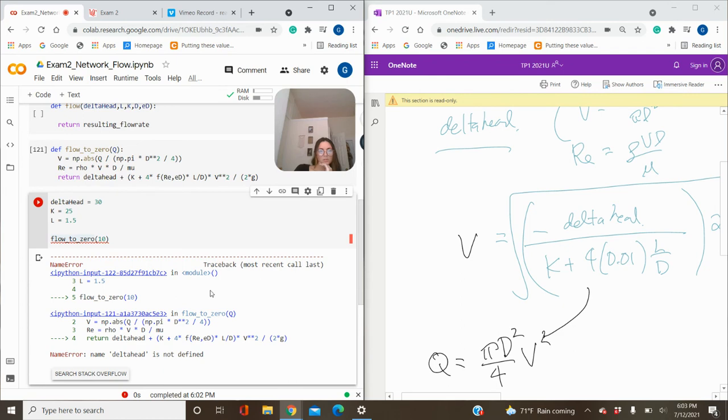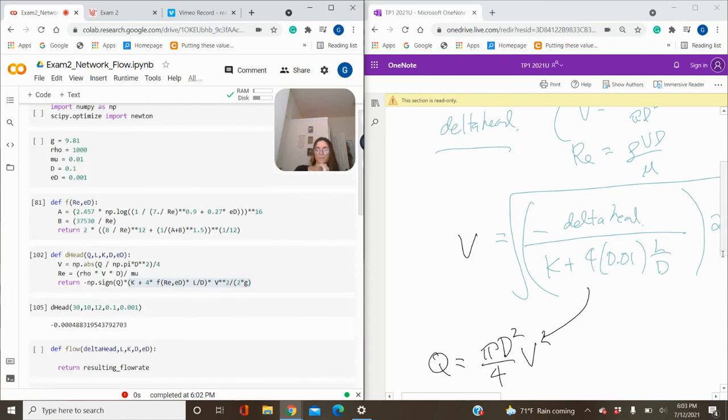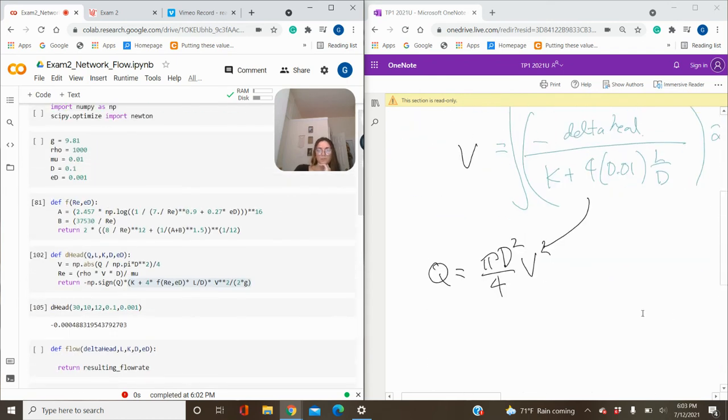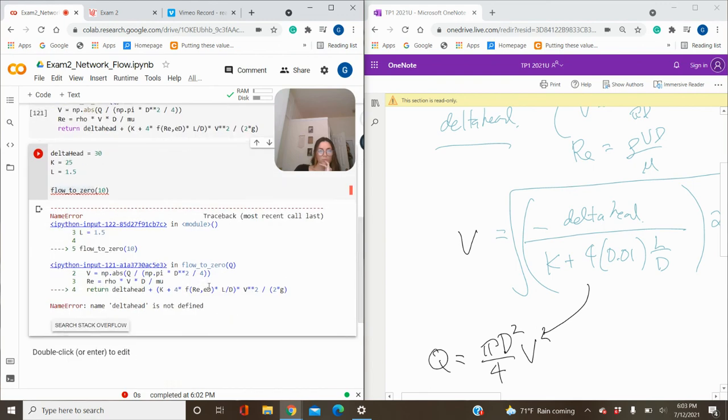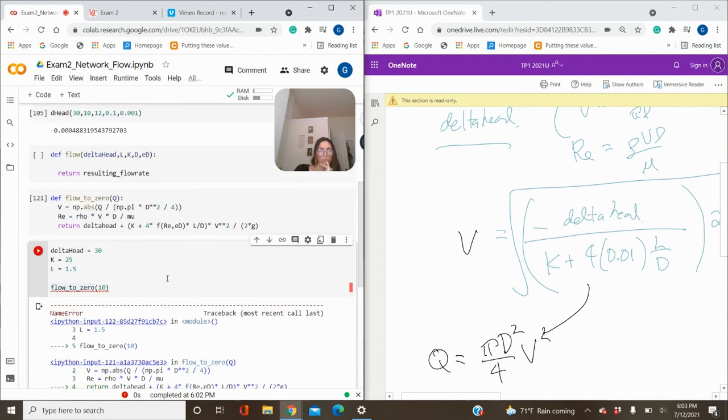Did I touch anything? No, I didn't. Okay. Just look at my formulas real quick. What is this? Tell me what the squiggly line means.